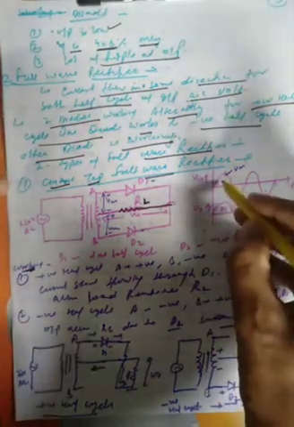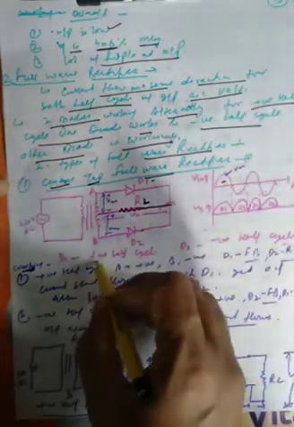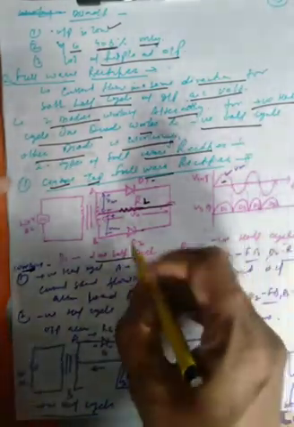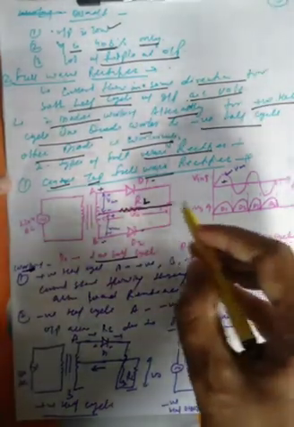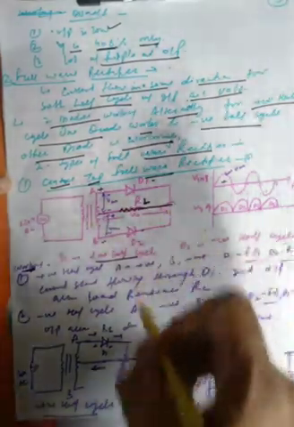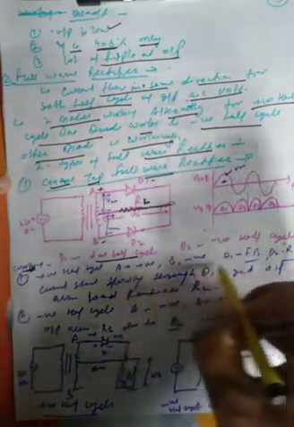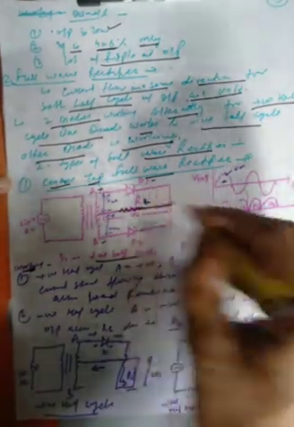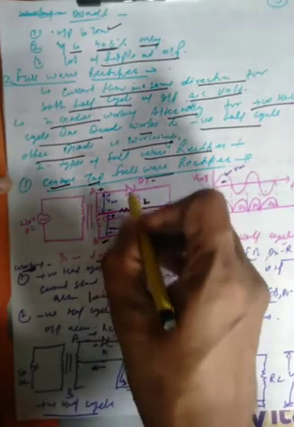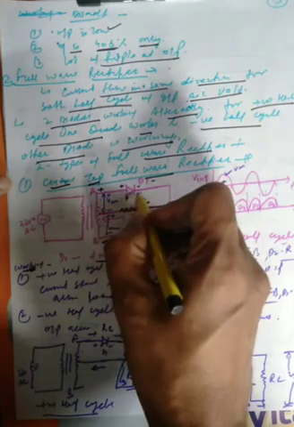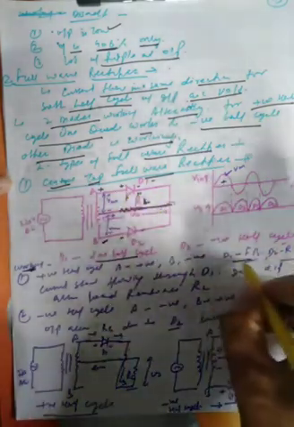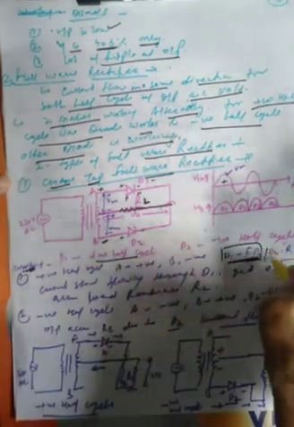During the positive half cycle of the input, what happens? A is positive and this end is negative. Diode D1 will be in forward bias and D2 in reverse bias, because this is the positive terminal and this is the negative, each consisting of P and N. So D1 is in forward bias and D2 in reverse bias.